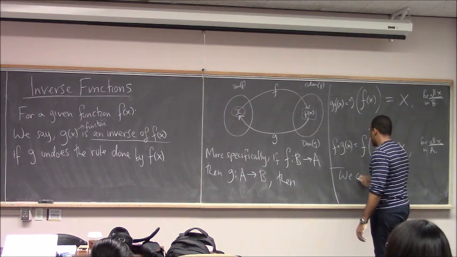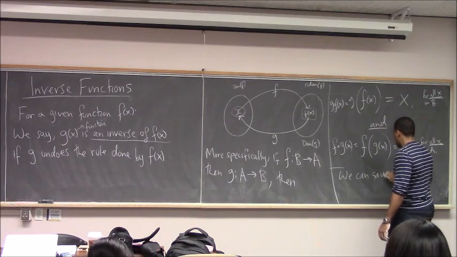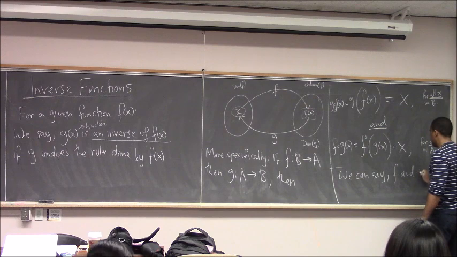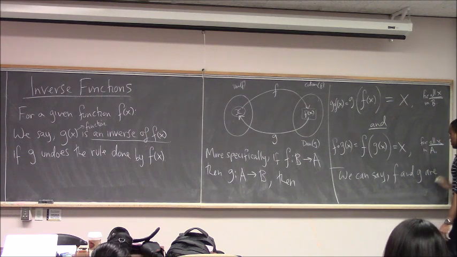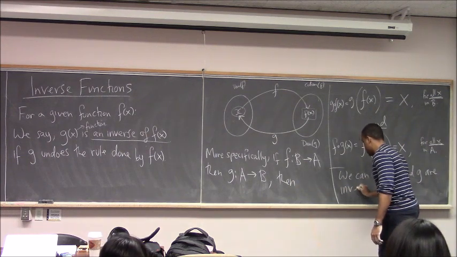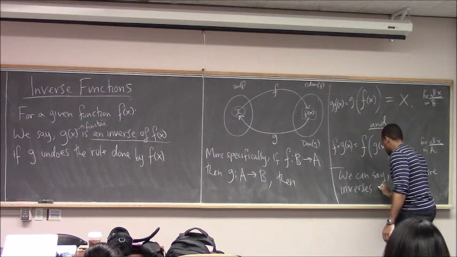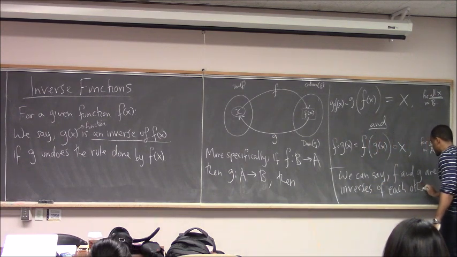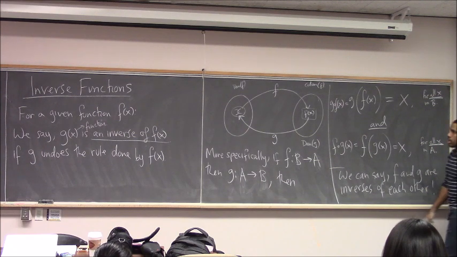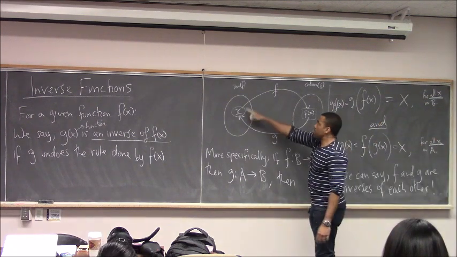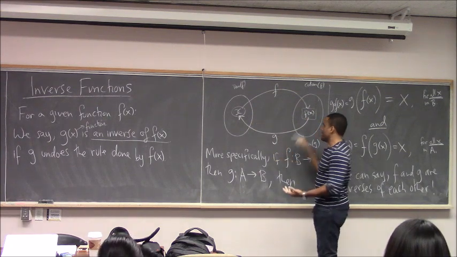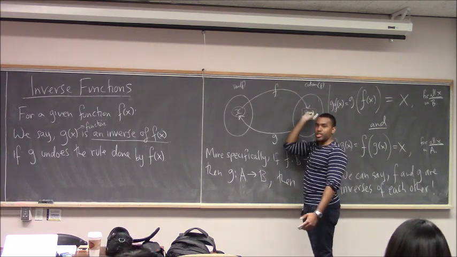And we can say f and g are inverses of each other. Because it turns out, if f does something and g undoes it, then by the same token, if g does something, f is going to undo that as well.